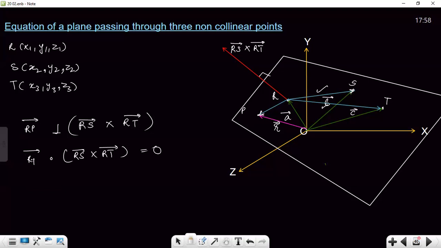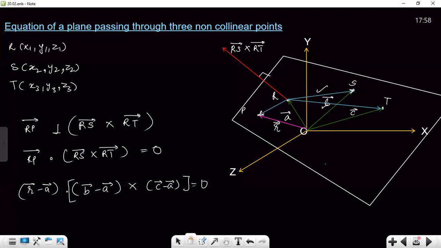RP vector is R minus A vector, dot RS vector, which is S minus R, that is B vector minus A vector, cross RT, that is C vector minus A vector, is equal to 0.